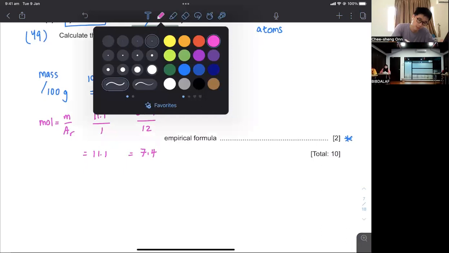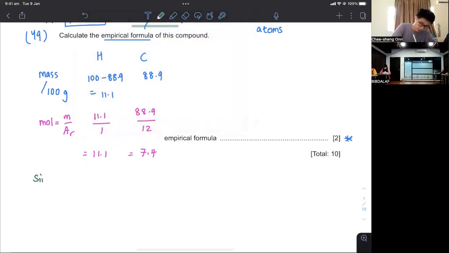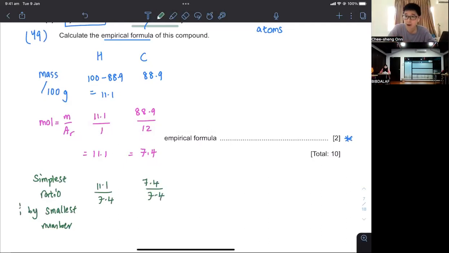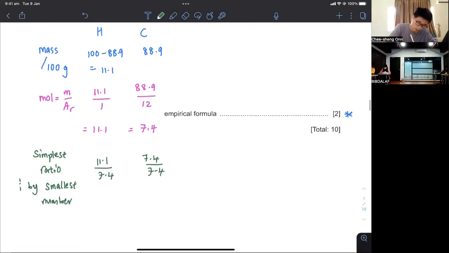What you need to do is find the simplest ratio. How do you get the simplest ratio? You need to divide by the smallest number. Your smallest number here is 7.4. So divide by 7.4 on both sides, because you want the simplest whole number ratio. When you do this, you get 1 there. 11.1 divided by 7.4, you get 1.5.